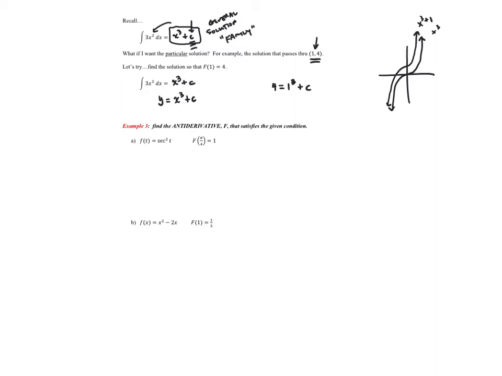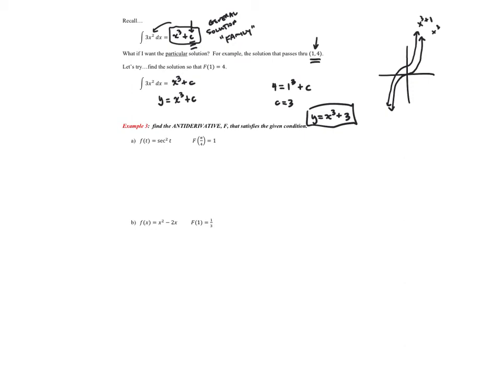Now I can find the c value, which then finds me the particular solution to this antiderivative. Okay, so it looks like c would equal 3, and therefore the solution that passes through 1, 4 would be y equals x cubed plus 3.